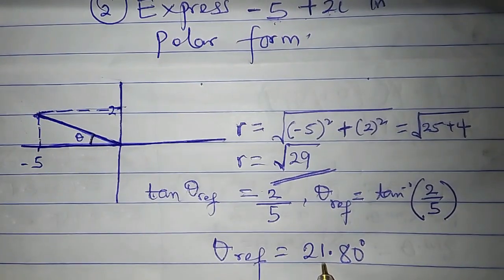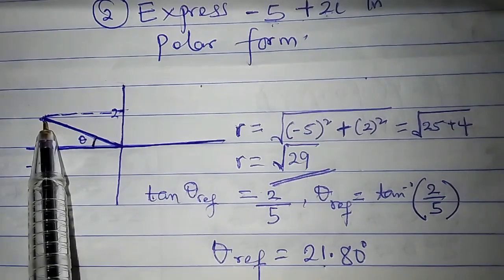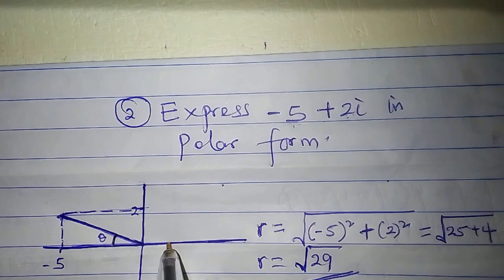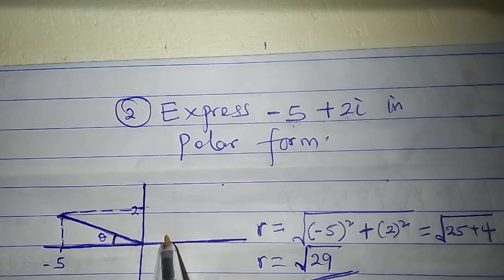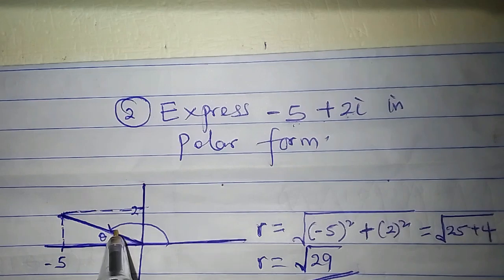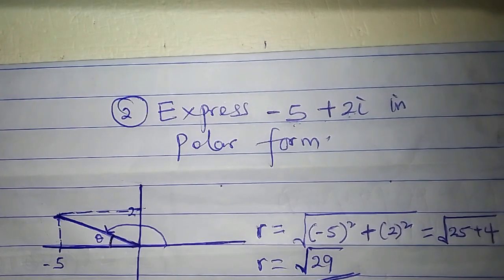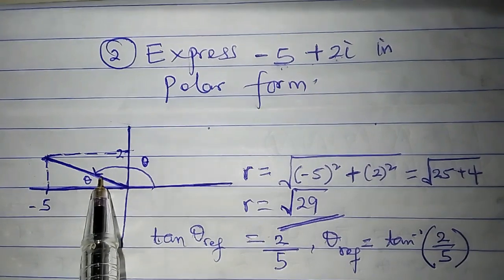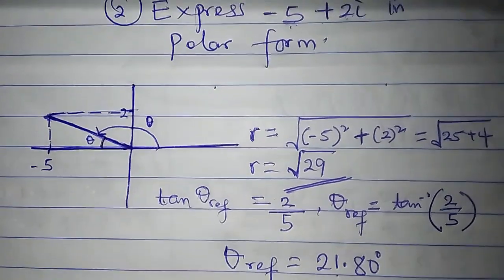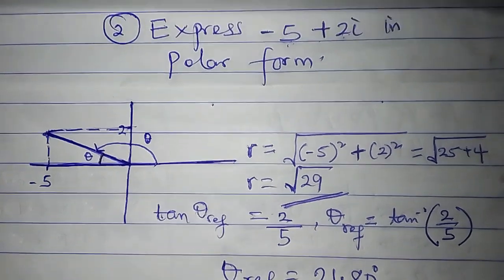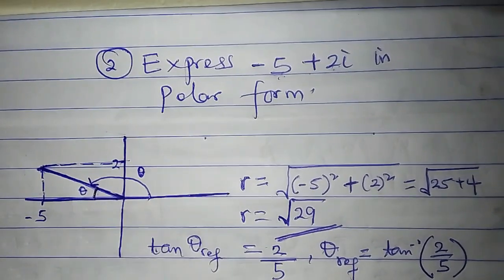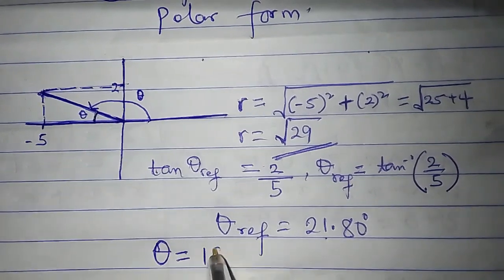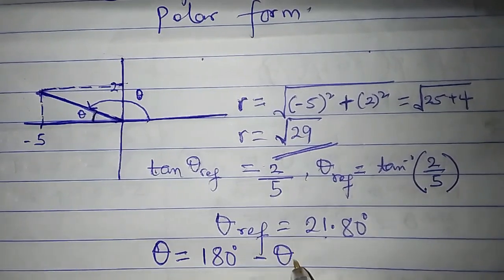21.80 degrees is an angle in the first quadrant, but our vector is in the second quadrant. The argument is measured from the positive real axis down to where I have the line, okay? So it is this angle here that I'm going to make use of. So since our reference angle is 21.80, the argument, which is theta, is equal to 180 degrees minus the reference angle.